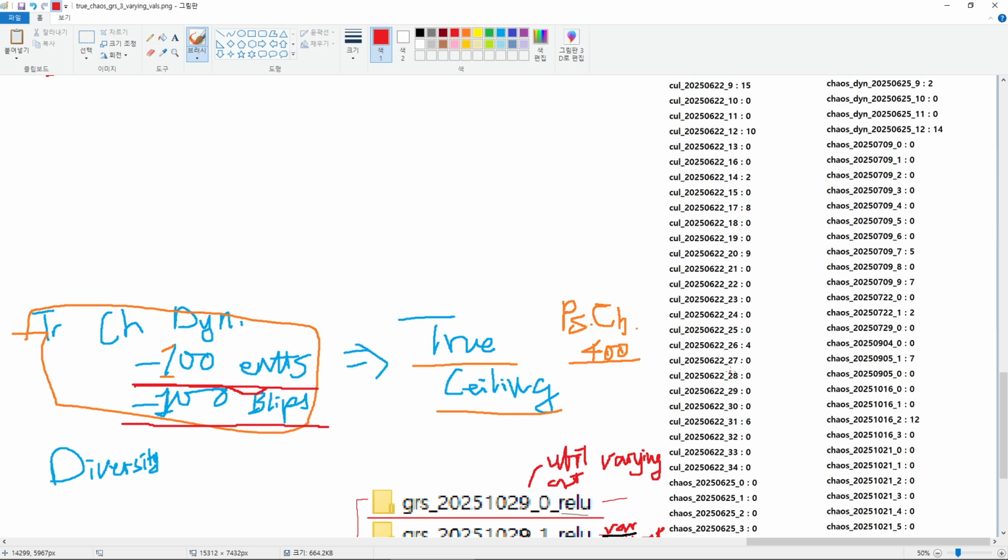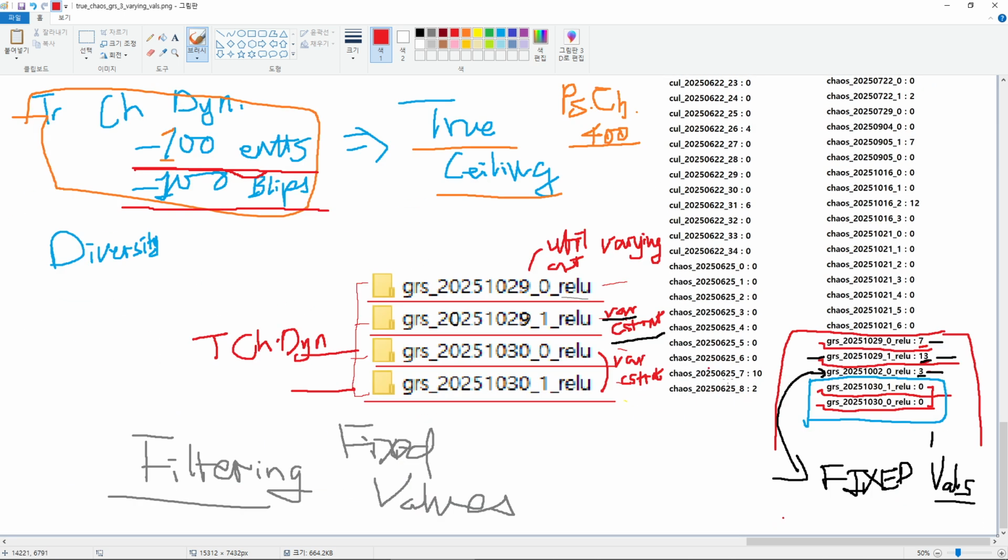More than one unique true ceiling. So that's what I want. And so far it hasn't been that successful, I must admit. But I might have to move on now, unless I find a way to increase this number, that is 100, all the way to 400.